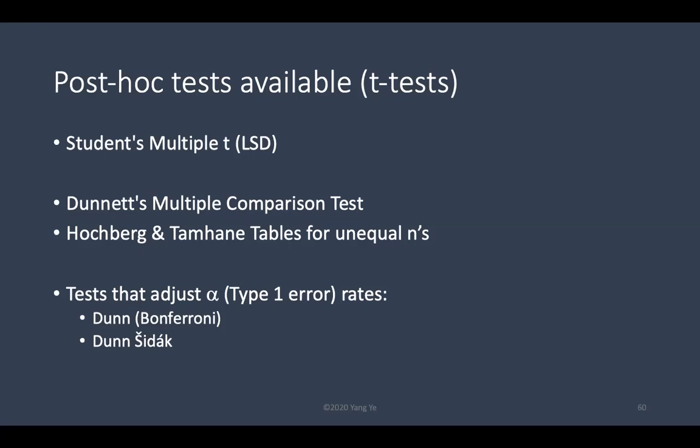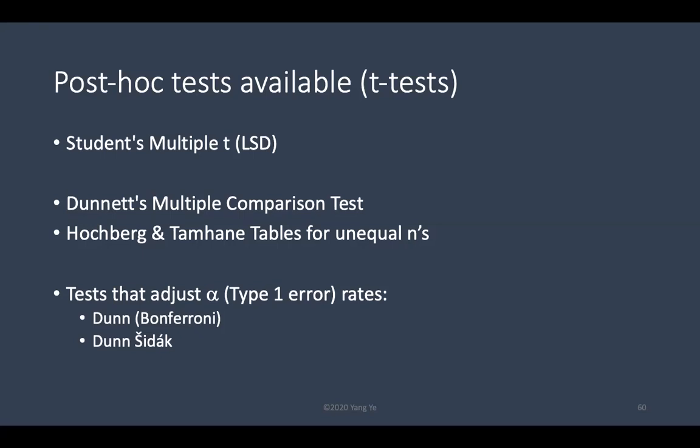So each test has to be significant not when p equals 0.05, but when p is smaller than 0.01. So it becomes much more difficult to reach significance. The more tests you run in the same analysis, the stricter it becomes if you use the Bonferroni method. Okay, so that's the kind of test that adjusts alpha rates.